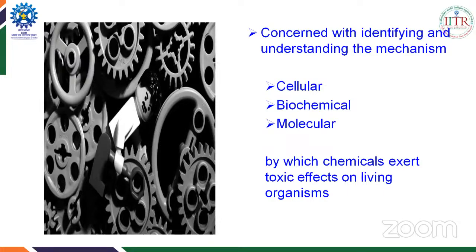I might be using these words interchangeably: harmful, toxin, toxic, etc. So what are the changes that happen? How, at the cellular level or at the molecular level, is the mechanism by which the substance brings about its effect? Once you know the mechanism, we then need to actually describe it.